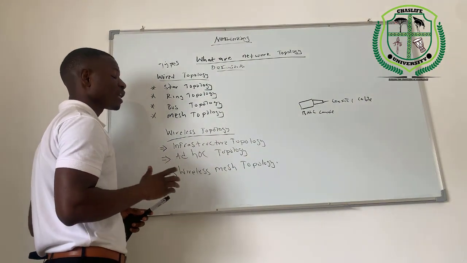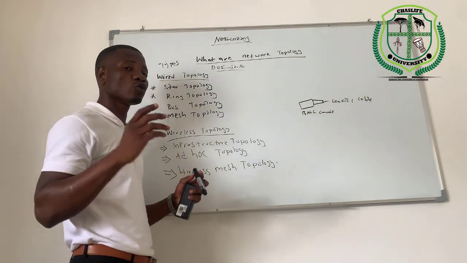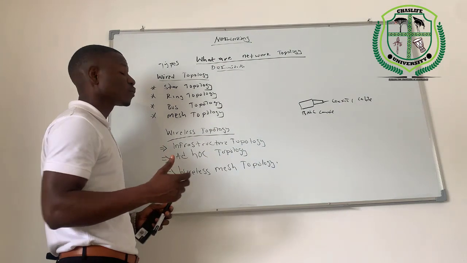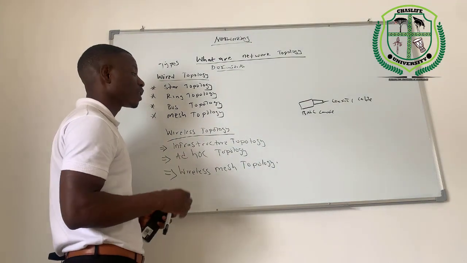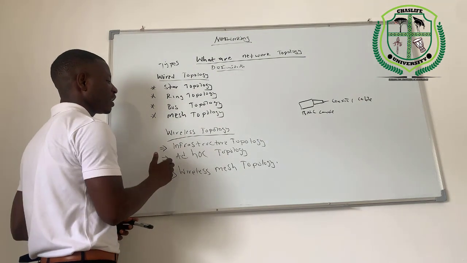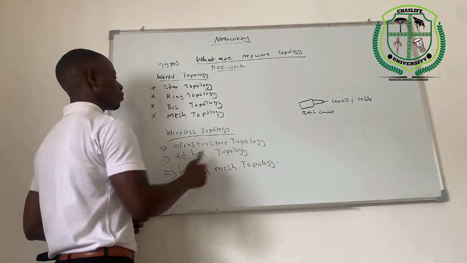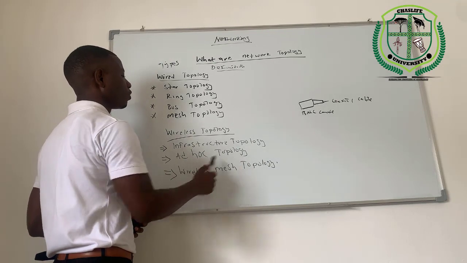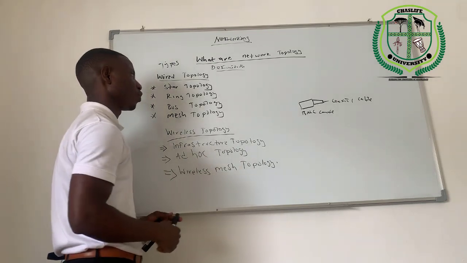When you look at the wireless topology, you don't need to use physical cables to connect these networks to the internet. Under here we have infrastructure topology, ad hoc topology, and wireless mesh topology.